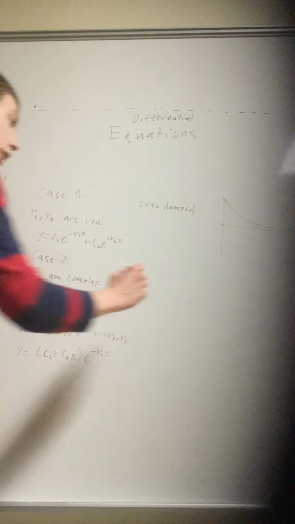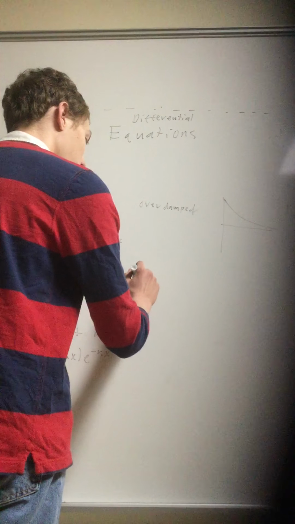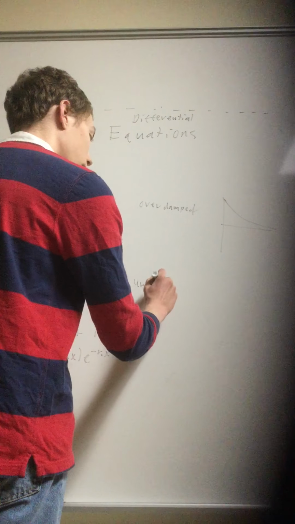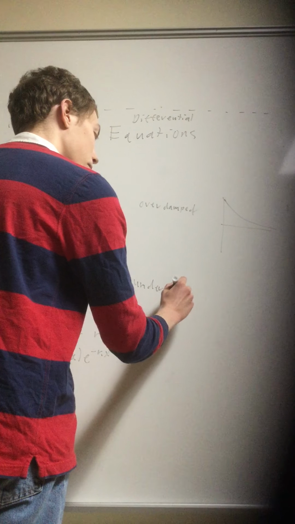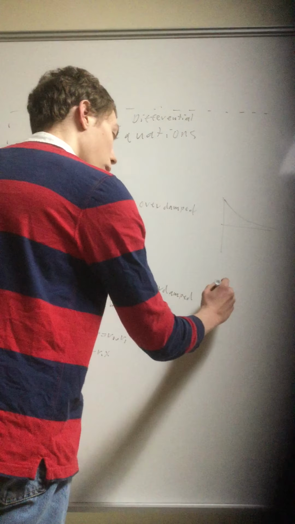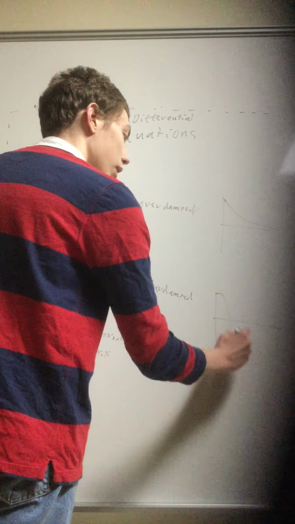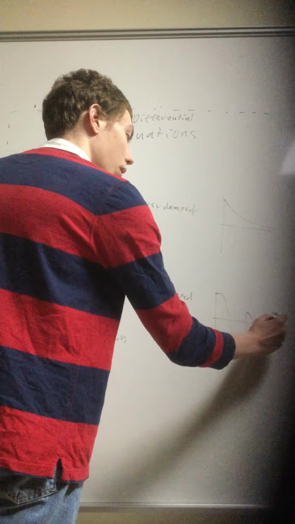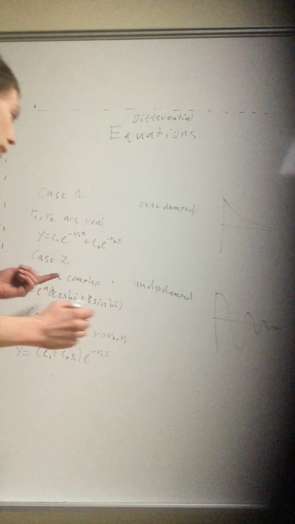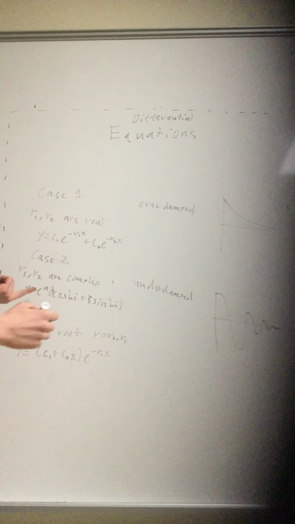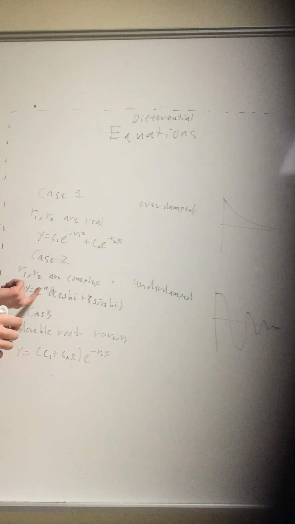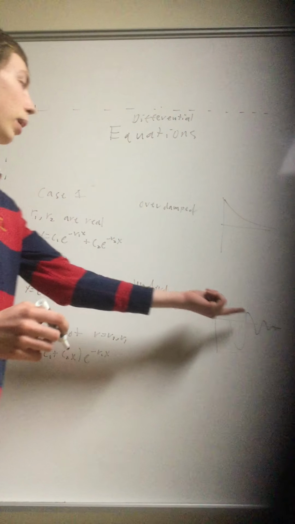If you get case 2, that's the most interesting one, underdamped. This one is an exponential multiplied by a trig function, which means it's going to do this. Typically, always in physics, the a here is going to be negative, which means we get an exponential decay.